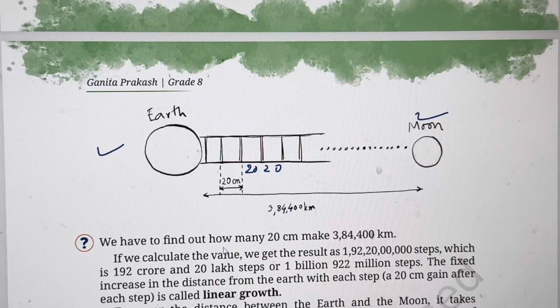Now, we have to find out how many 20 centimeters make 3,84,400 kilometers. Because this is centimeters and this is kilometers, I'll show you first how you get the answer that is given, and then we'll go ahead.